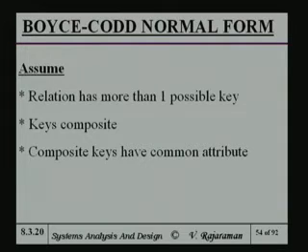Okay, and assume that a relation has more than one possible key, and the keys are composite, and the composite keys have a common attribute. This is an assumption. In other words, only in such cases are you required to do the normalization step of BCNF.